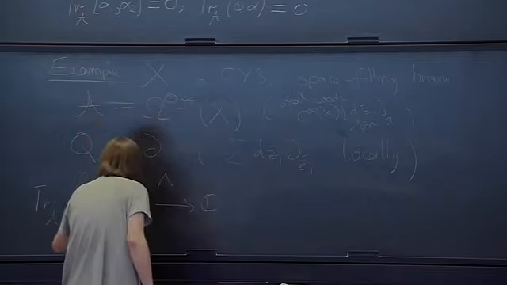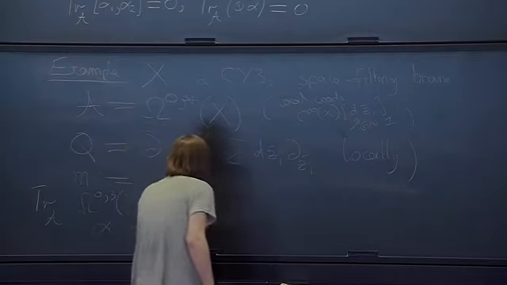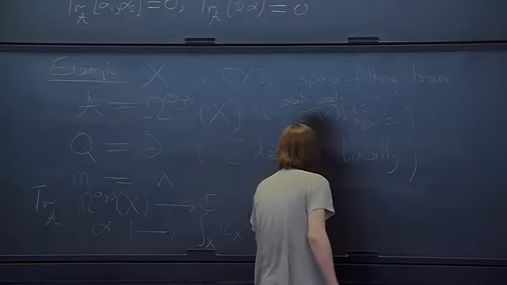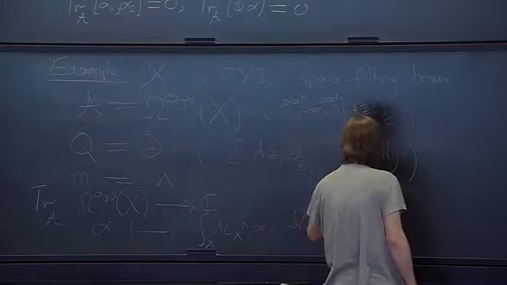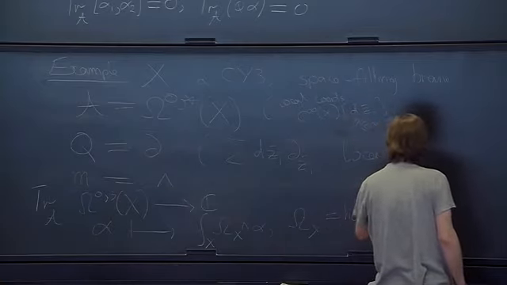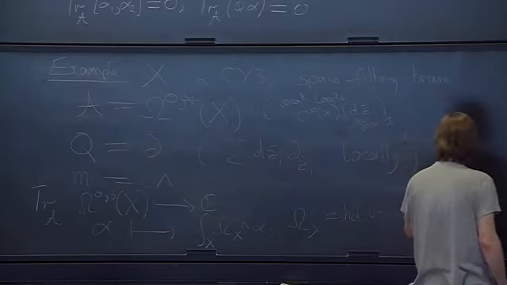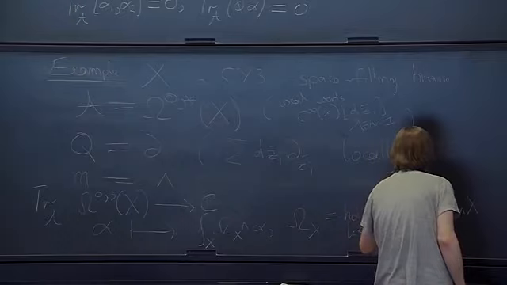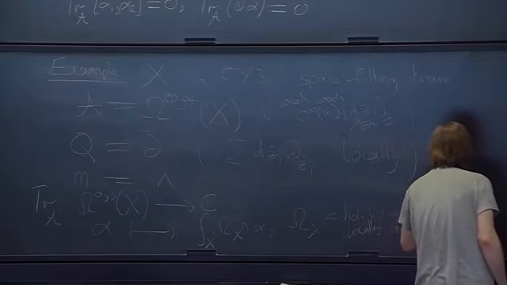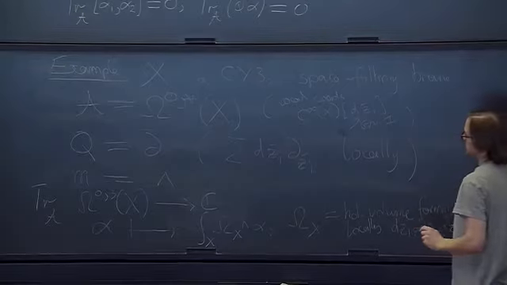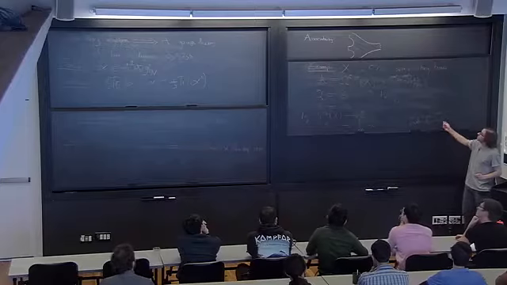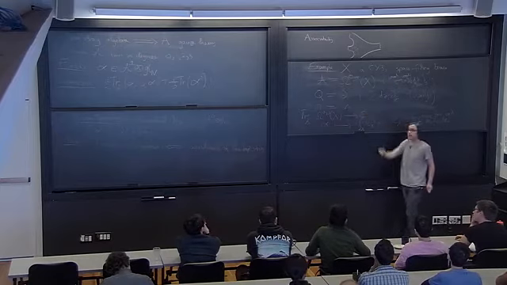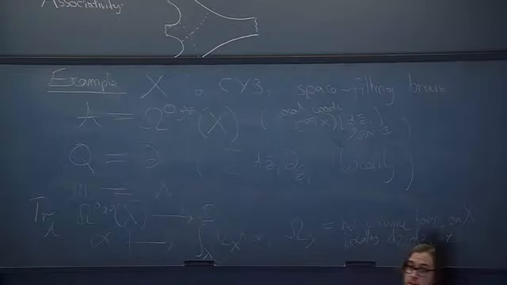What it does is it sends alpha to the integral over X of omega_X wedge alpha, where omega_X is the holomorphic volume form on X, so locally, it's like dz1, dz2, dz3. For everything else, we didn't use the fact that it's Calabi-Yau. It's only to write down this trace map that we needed X to be Calabi-Yau.